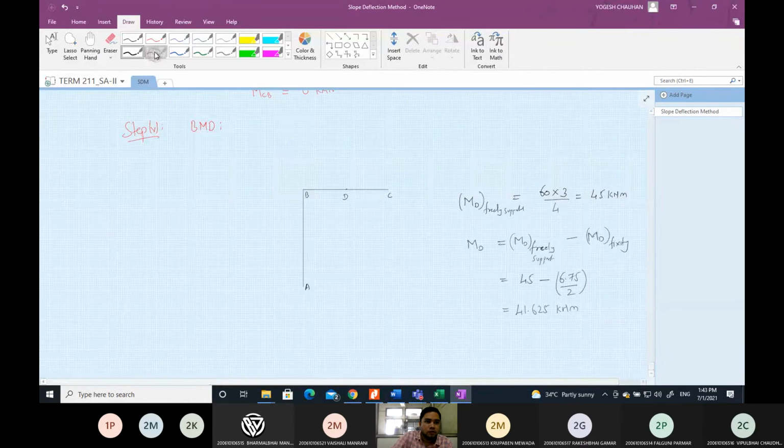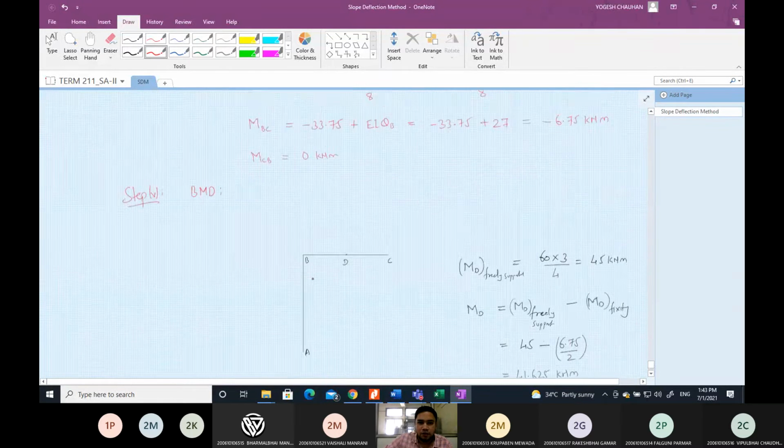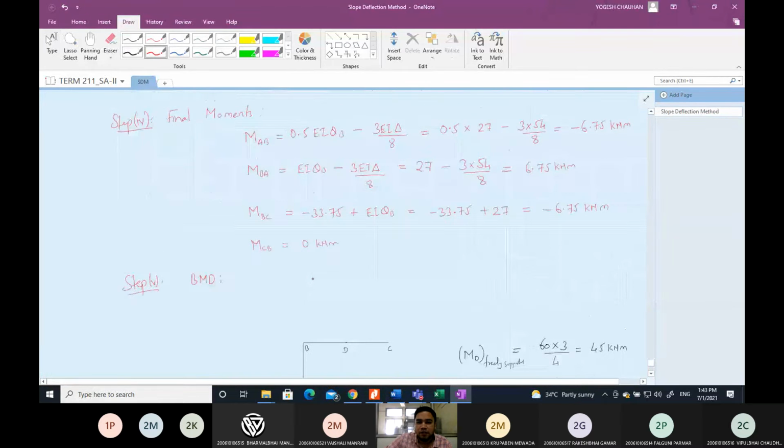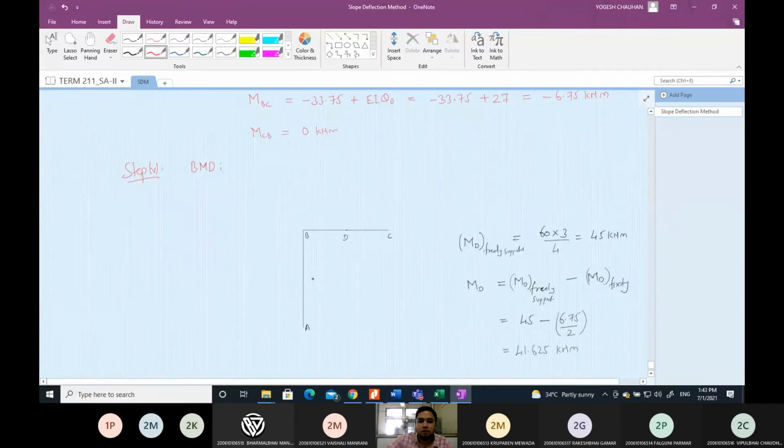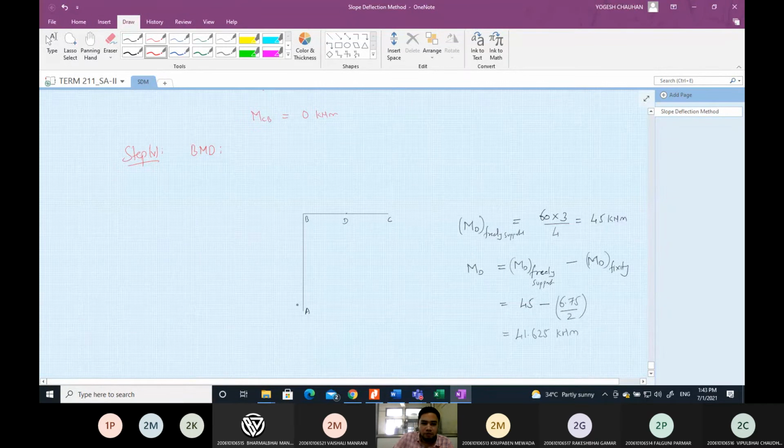See, let us draw this diagram. The moment at A is minus 6.75. Minus means it is anticlockwise. So here it is 6.75 kilonewton meter.